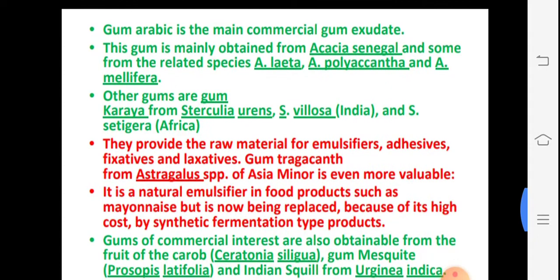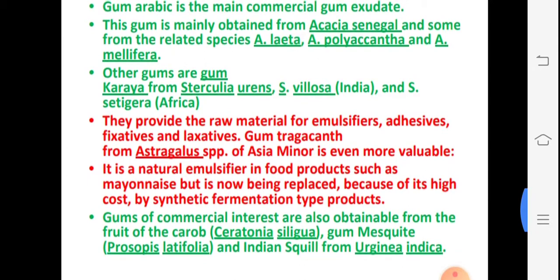So remember some species of Acacia: Acacia senegal, Acacia laeta, Acacia polyacantha, Acacia mellifera. Other gums are karaya gum, from Sterculia urens and Sterculia villosa, called karaya gum, and Sterculia setigera, which is commonly found in Africa.